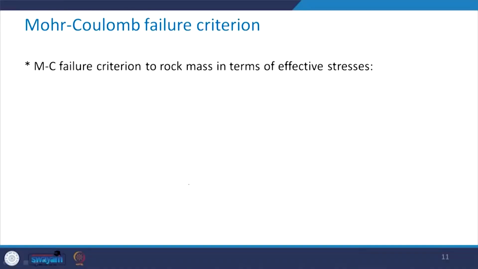So, this will be applicable to the rock mass. Now, once this is applicable, then we need to represent the Mohr-Coulomb criterion for rock mass in terms of effective stresses. So, let us see how this can be done.